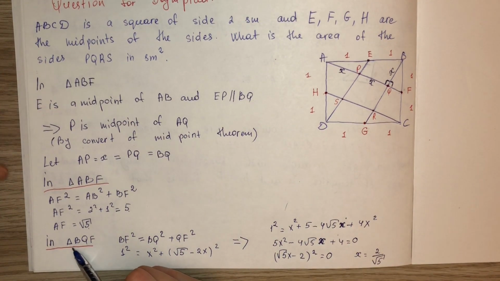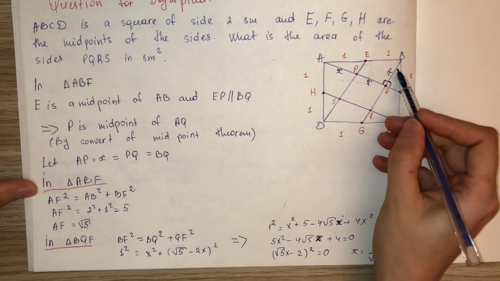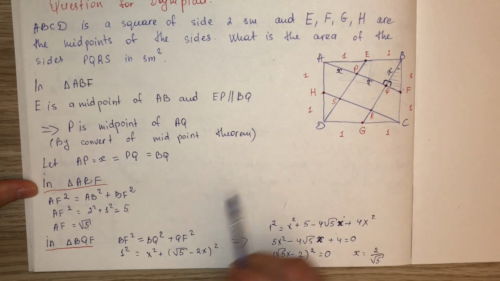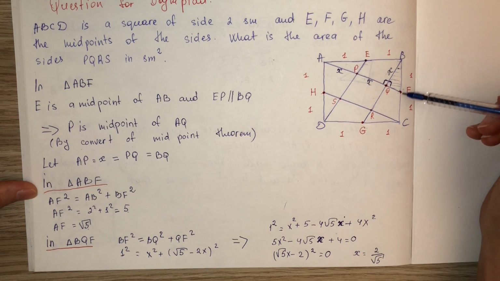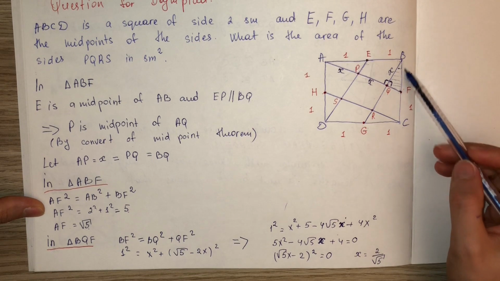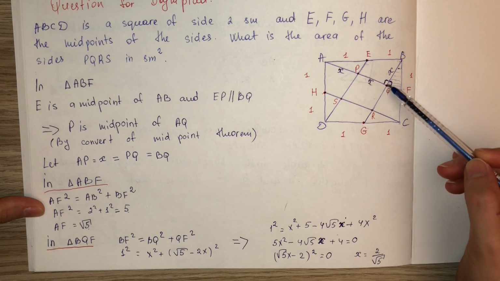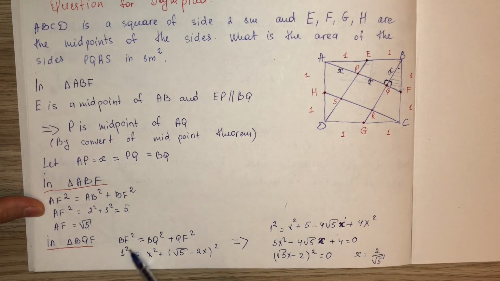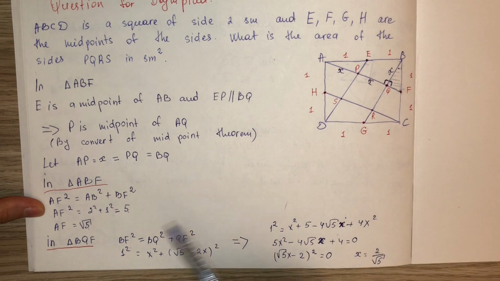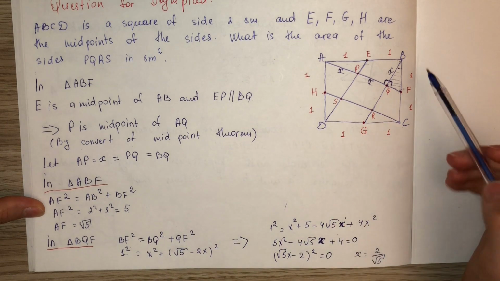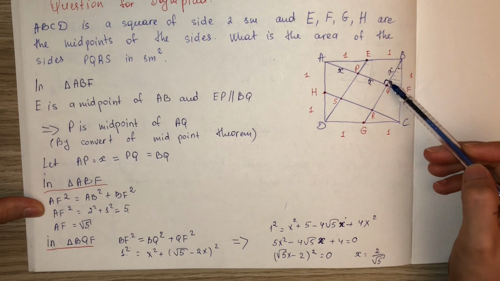And now in our triangle BQF, this is a right angle triangle also, and BF is the hypotenuse, so BF squared is equal to the square of BQ plus the square of QF. And BF is equal to 1, as is clearly seen. 1 squared is equal to, we denoted that BQ is equal to x.